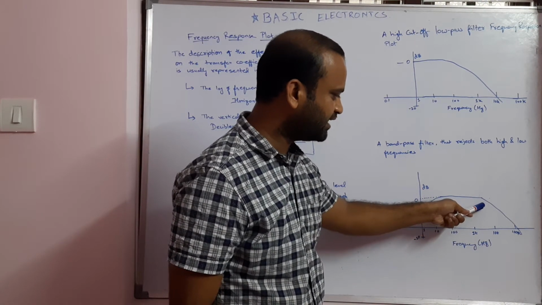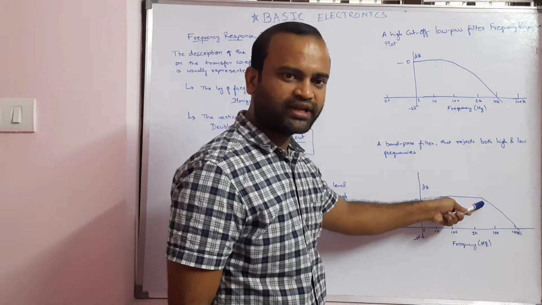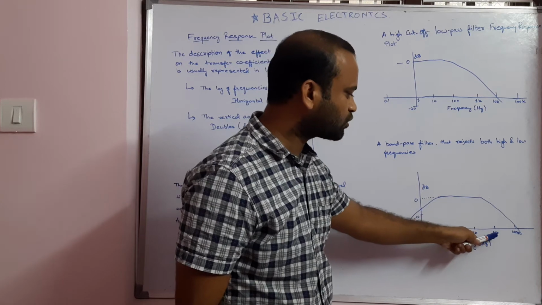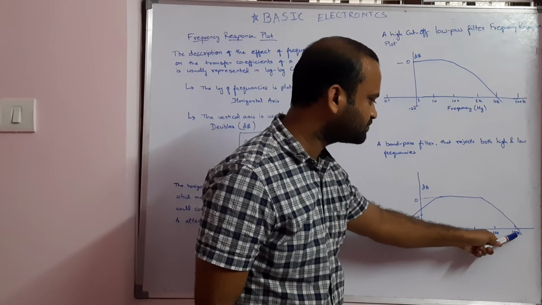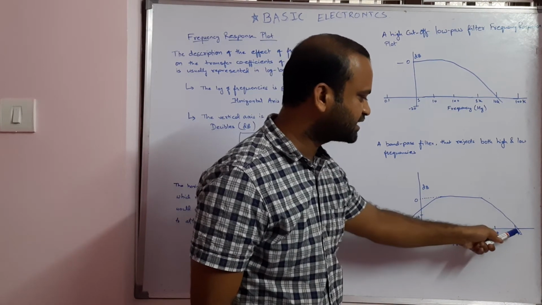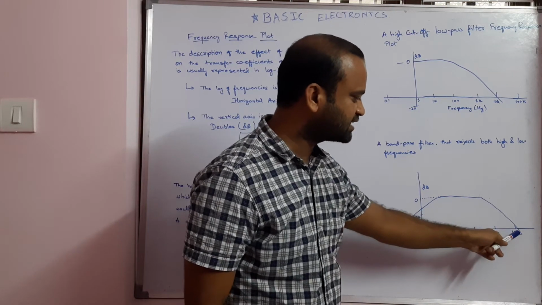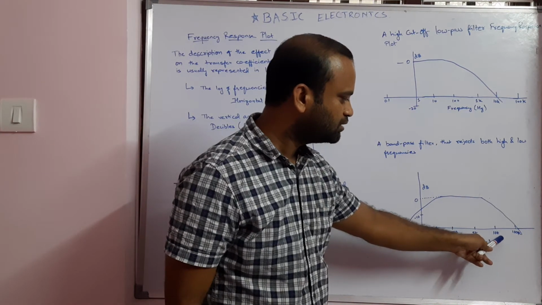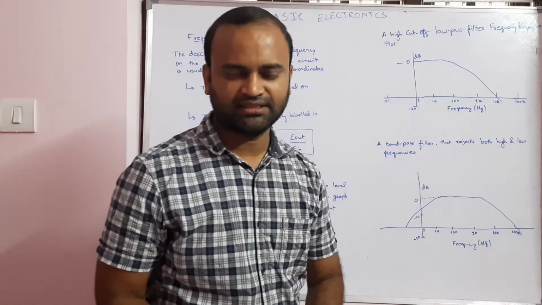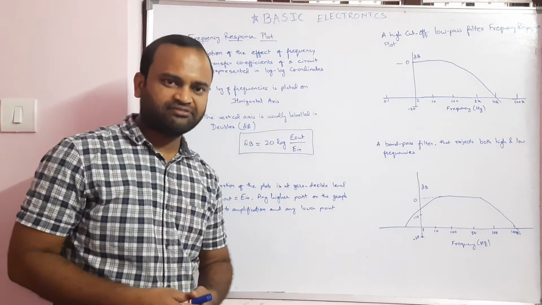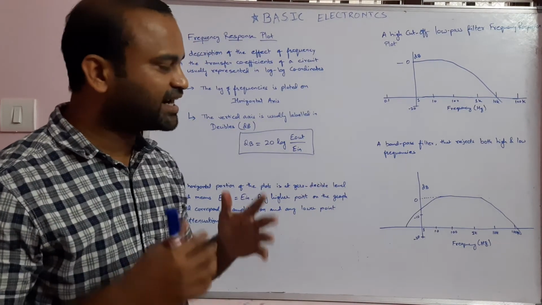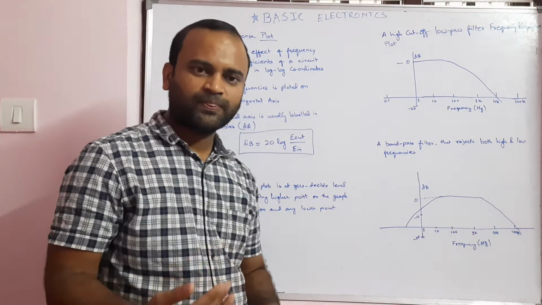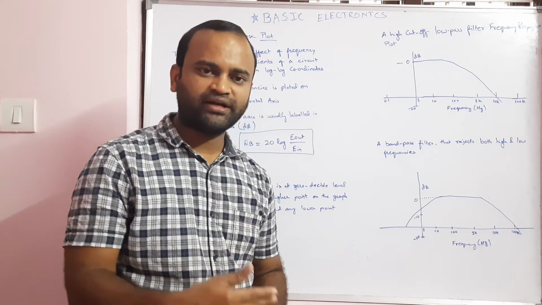As soon as the frequency crosses beyond 10 kilohertz, the dB value starts decreasing. That means the system is attenuating between 10 kilohertz and 100 kilohertz. Hence, my dear friends, with this we can understand a system's response and its behavior with respect to the various frequencies provided at its input.